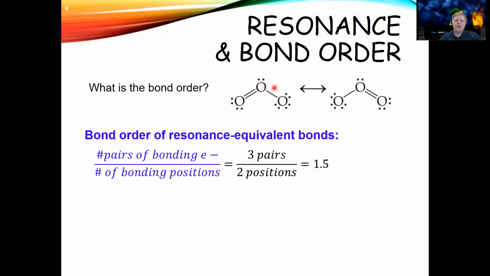So we have 3 bonds in total. In other words, we have 3 pairs of bonding electrons. And how many positions? Well, there's 2 positions here. So we're going to do 3 pairs of bonding electrons, or 3 bonds, divided by 2 positions. So it's going to have a bond order of 1.5 on each side. So it's going to look like this.